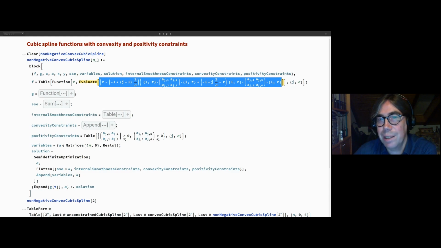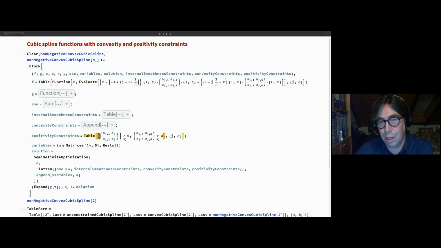But anyway, if these matrices are positive definite, then this will be a positive polynomial on the subinterval number j. And every positive polynomial comes from such a positive definite pair of coefficient matrices. So the positivity constraints here are just that these coefficients up there now are positive with respect to the cone of positive semi-definite 2x2 matrices.